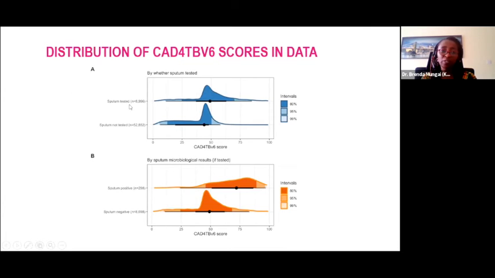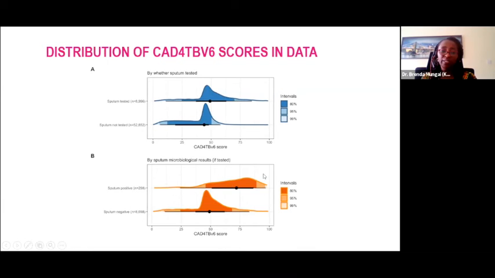For those that had sputum tested, you can see their median score was just close to 50 with this range. And those that were not tested had a lower CAD for TB score, about 45 and below.